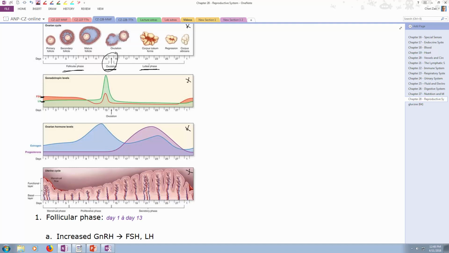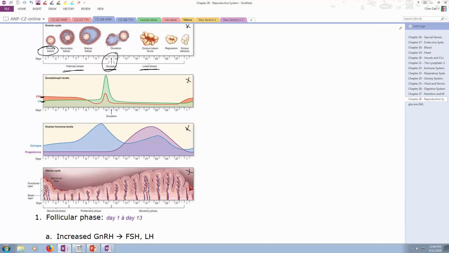So it says, okay, I'm the recruiter. I want this group of primary oocytes that are in suspended animation to join the game and join the race. And so we have these FSH levels starting a bunch of follicles to develop into primary follicles, which, remember, is going to start producing estrogen levels.